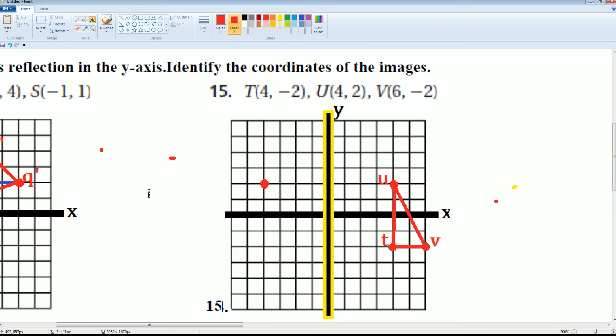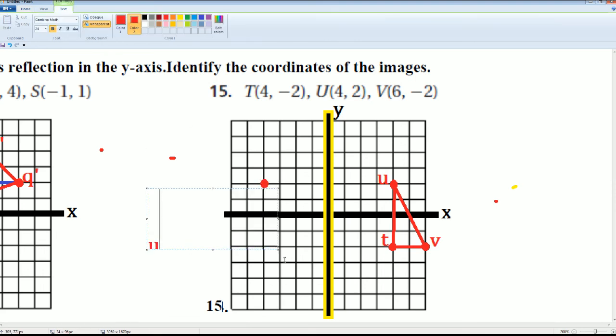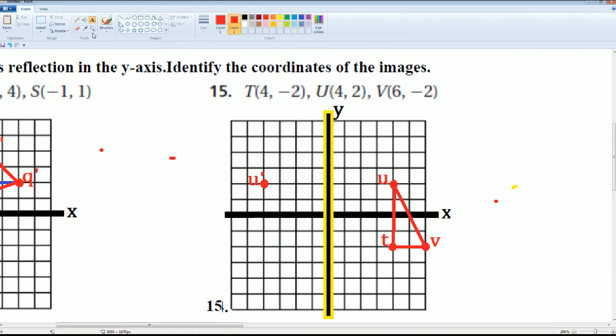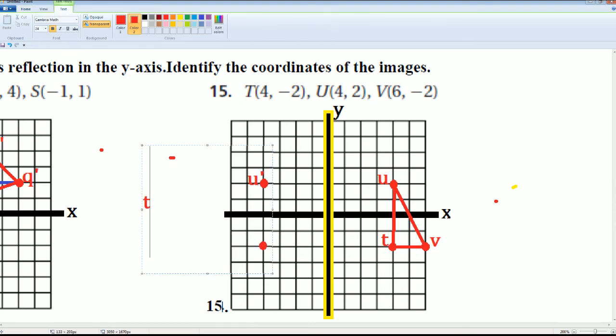And before it was called U, this one is going to be called U prime. T. 1, 2, 3, 4. So 1, 2, 3, 4. And that is called T prime.